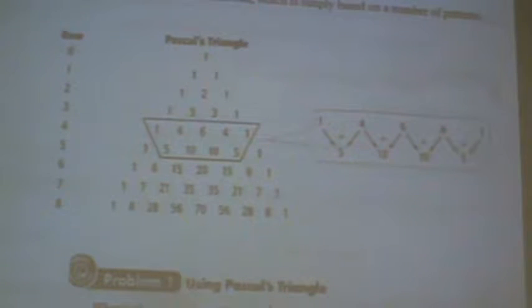So now we're going to use Pascal's triangle to expand a binomial. So if we look at problem 1, problem 1 is already expanded for us, but it's asking for us to expand a plus b to the 6th. Now, what does a plus b to the 6th actually mean?